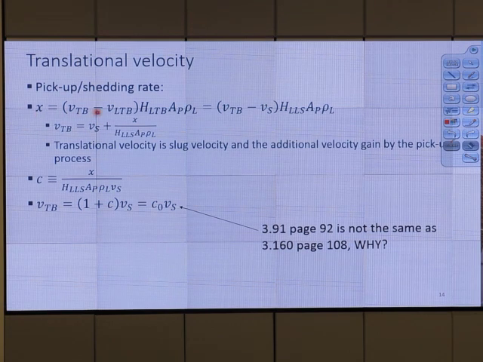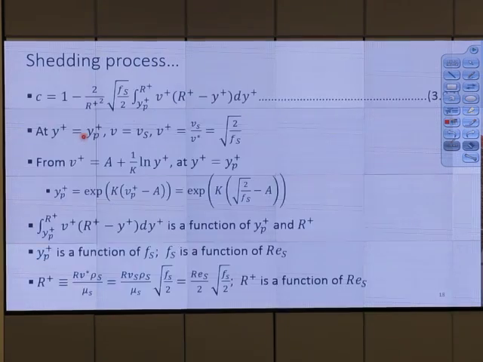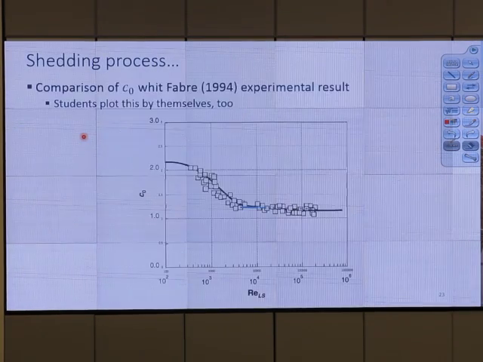So x is constant, this means when HLTB goes down, the relative velocity goes up. And the reason for that is so that the pickup rate is the same. So we have fluid go to the next slug for pickup.